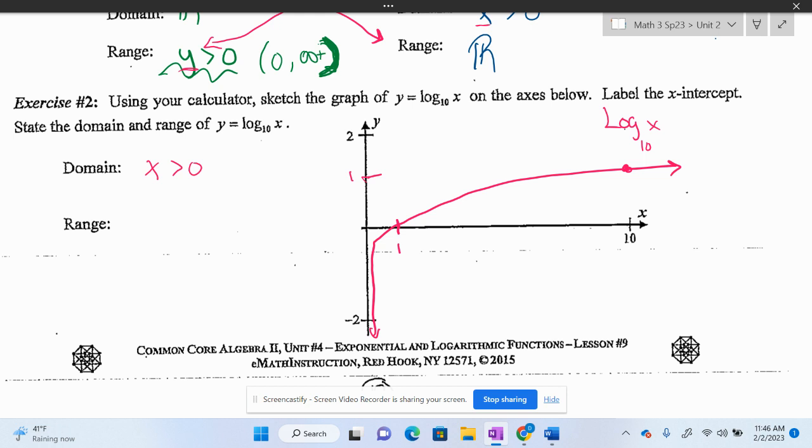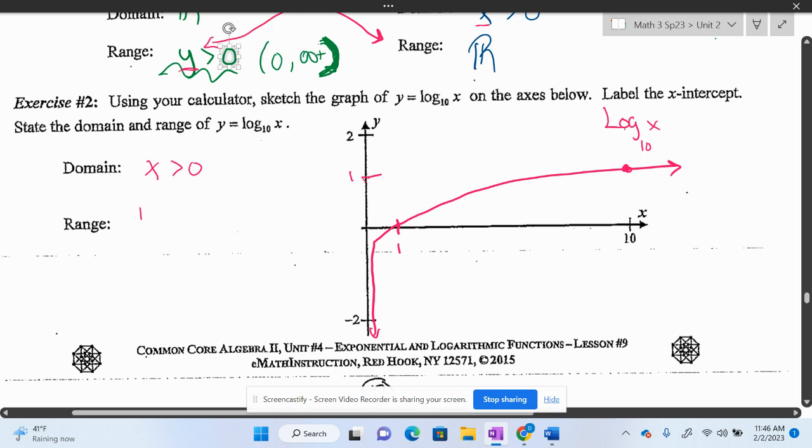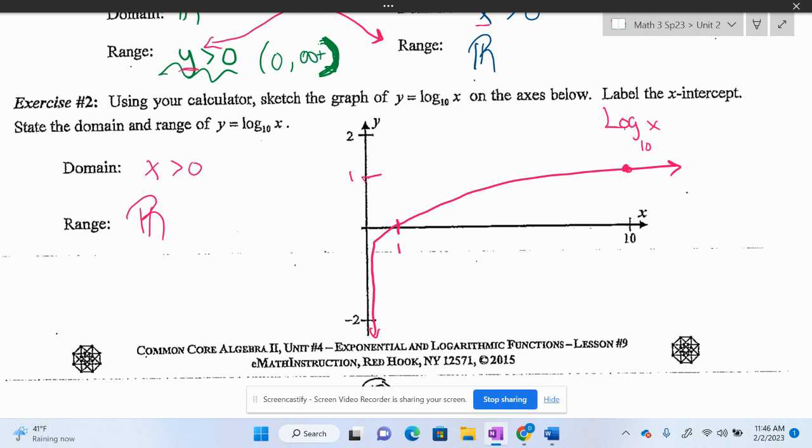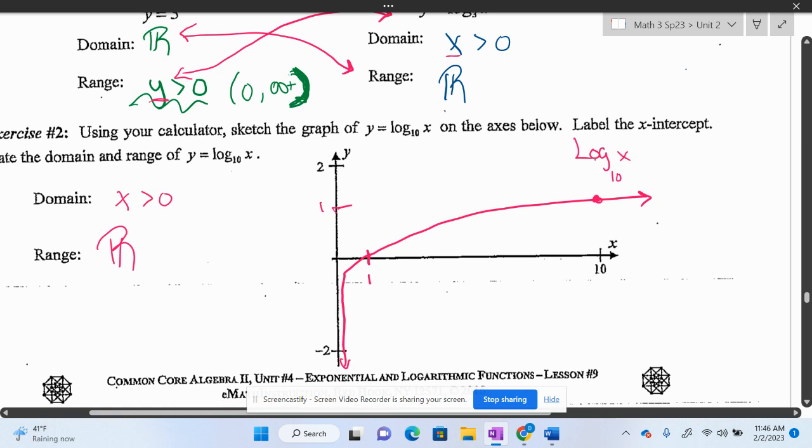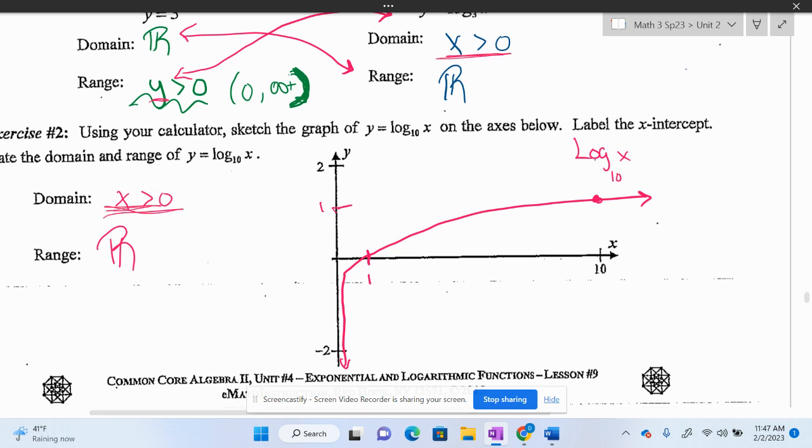Yes. Okay. So let's talk about the range. All real numbers, right? So hopefully we're seeing that when we just have a basic log function, not doing any kind of transformation, we know that the domain is going to be greater than 0, and the range is going to be all real numbers.